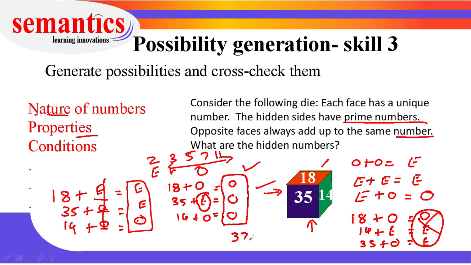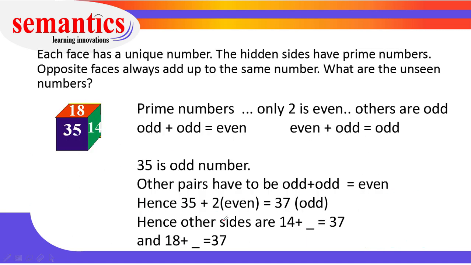The other two faces are 37 minus 18 and 37 minus 14. This is the explanation. 37 is the total sum. 2 is one face. So here I have 14 plus the unknown should give me 37, so that should be 23. And 18 plus the unknown should give me 37, which is 19.